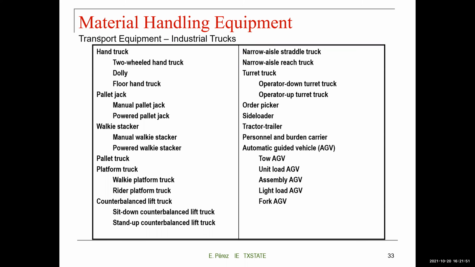Walkie stackers, pallet truck, platform truck, counterbalance, lift trucks, narrow aisle straddle truck, narrow aisle reach trucks, order picker, side loader, tractor trailer, personnel and burden carrier, and then finally the automatic guided vehicles or AGVs.